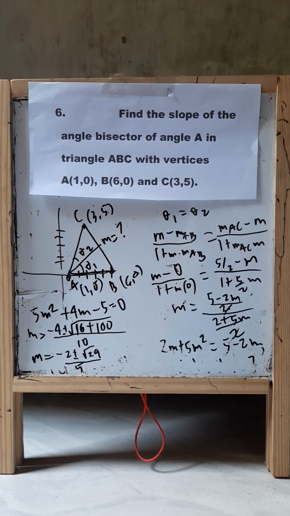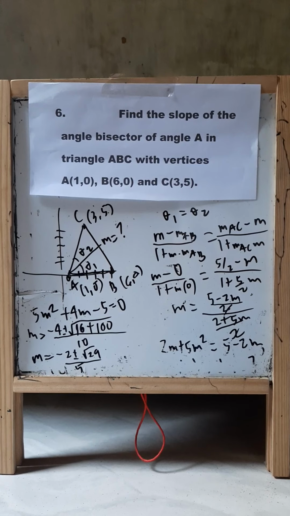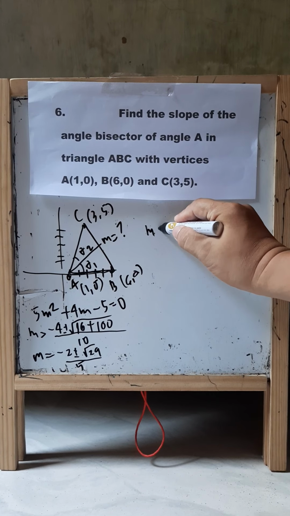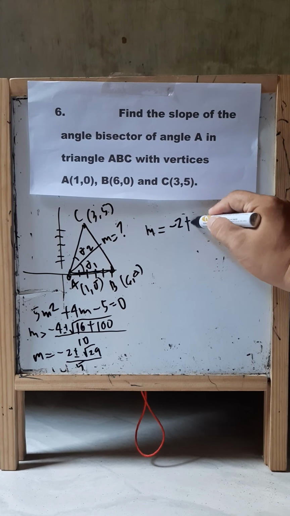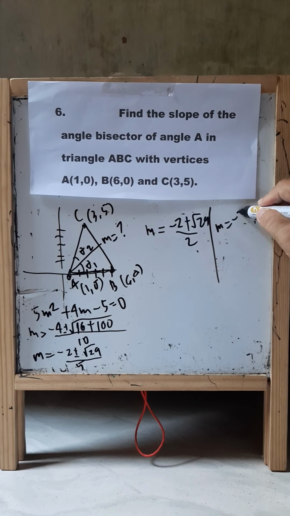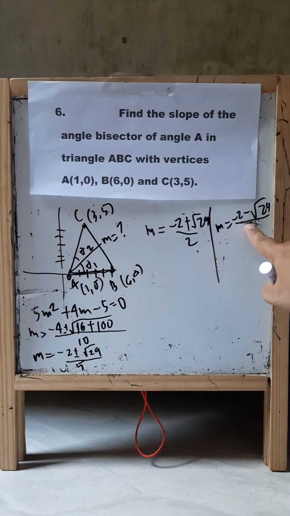So let us try to solve the values of the two slopes, the negative and the positive one. Okay, let us erase on this part now. So for m, we have negative 2 plus square root of 29 over 5. We have another m, negative 2 minus square root of 29 over 5 pala.